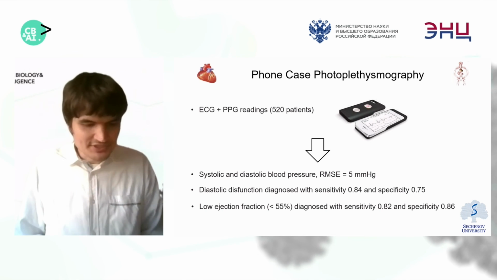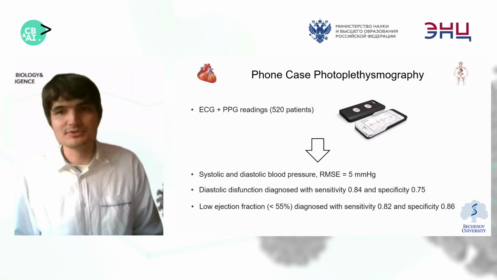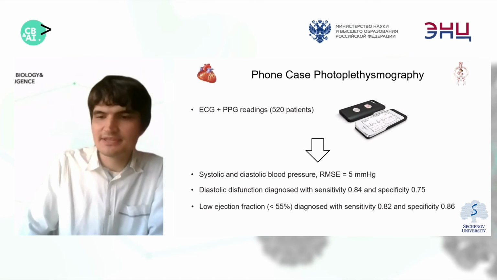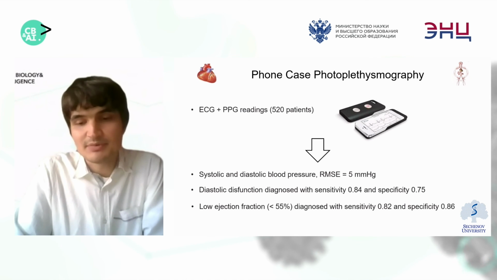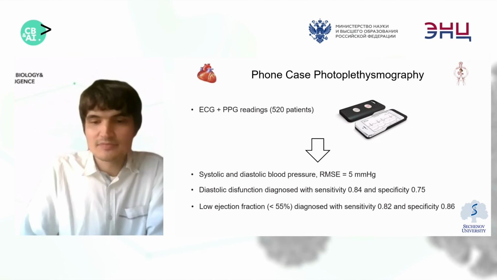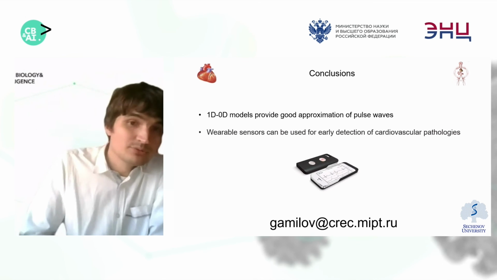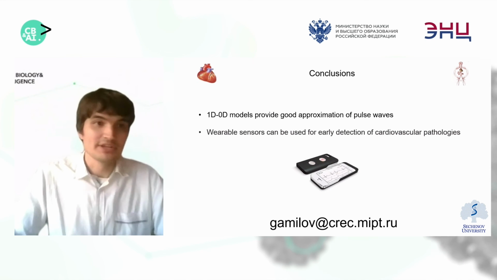But early detection of the disease is very important for its treatment, and such methods can help us a lot. Thanks to this method, it's possible to reach a lot of people, because everyone has a phone and everyone can get such a case, or at least rent it.